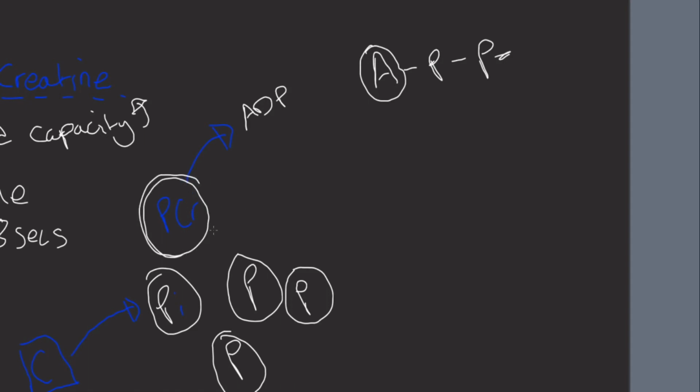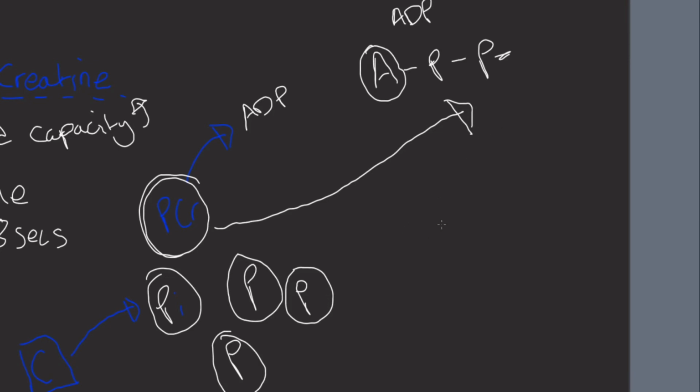Well, phosphocreatine, or in other parts of the world creatine phosphate, transports to the ADP, shuttles the phosphate to the ADP, and provides the phosphate back to the ADP.